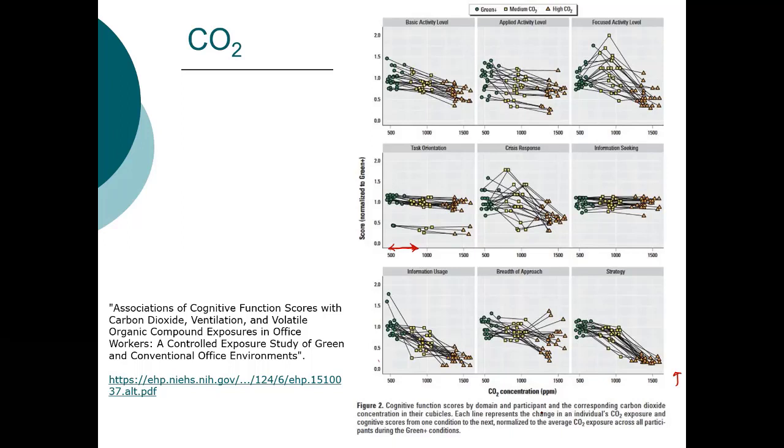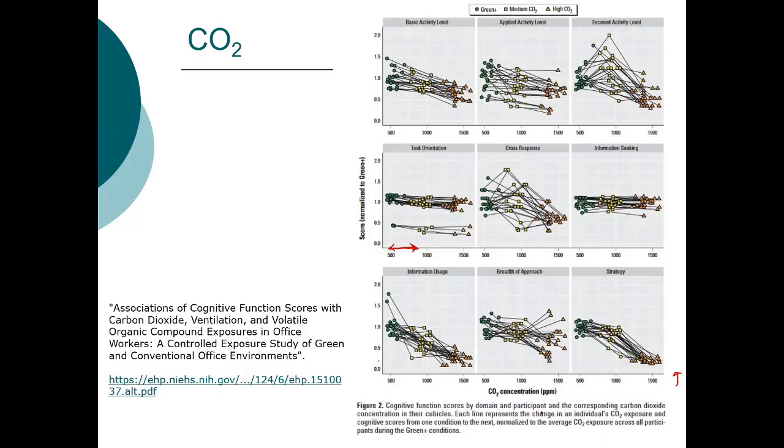Typically the class before 489 in that room is also crowded. So the CO2 levels, when I was monitoring it, were quite high to start with. And then you've got a crowded classroom.